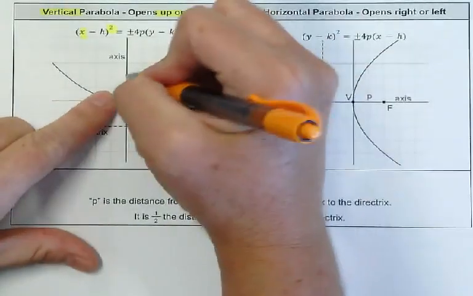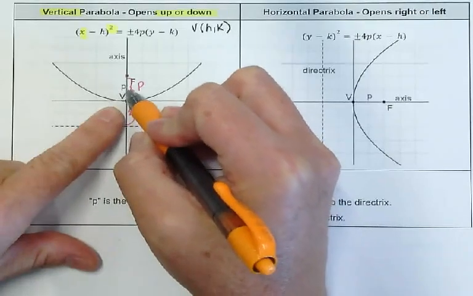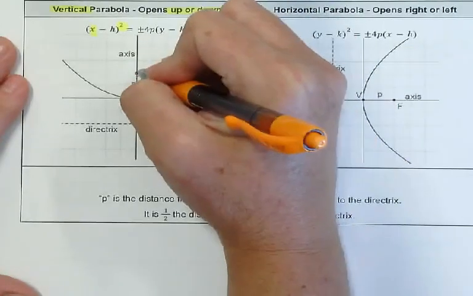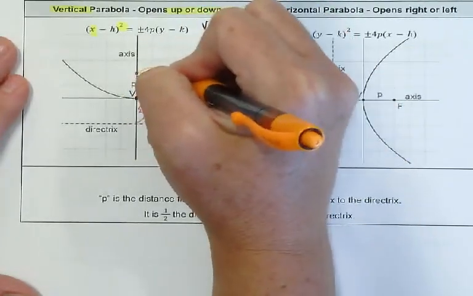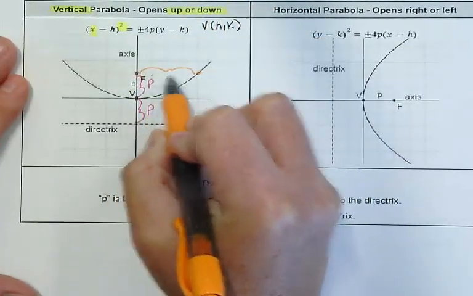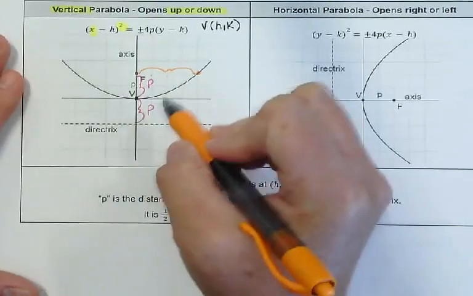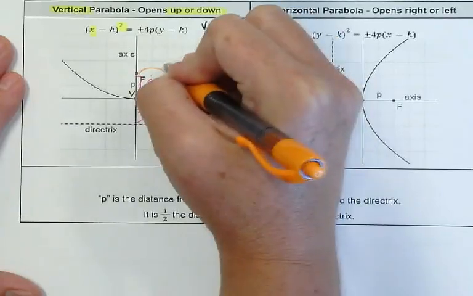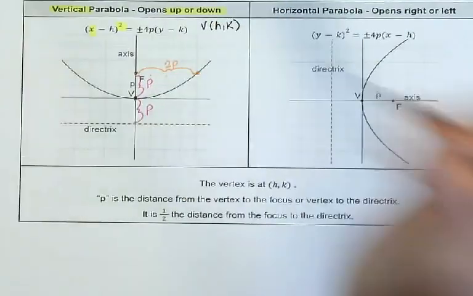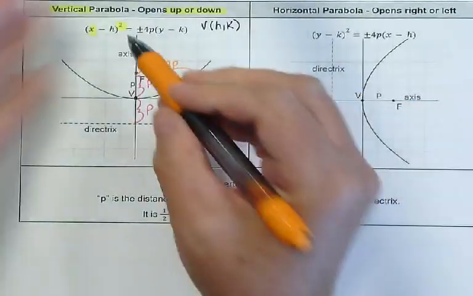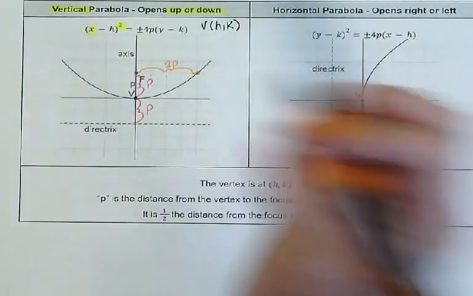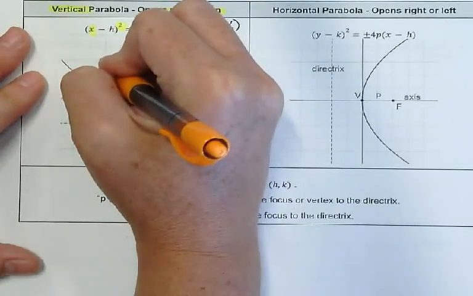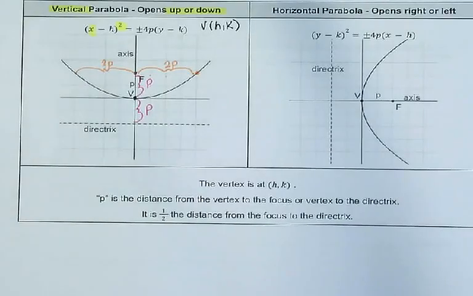So if you look here, p is 2. 1, 2. If you look from here to this point, that is 1, 2, 3, 4. Well, for this graph, if p is 2 and this is 4, this is going to be 2p, from your axis of symmetry to the point on the parabola. Same thing on this side. This is 2p.